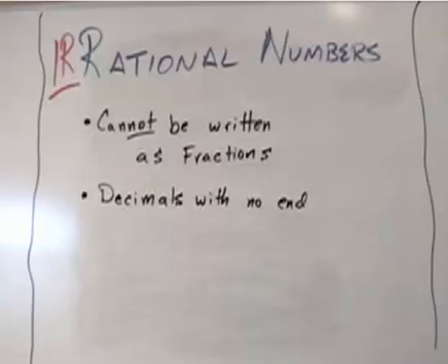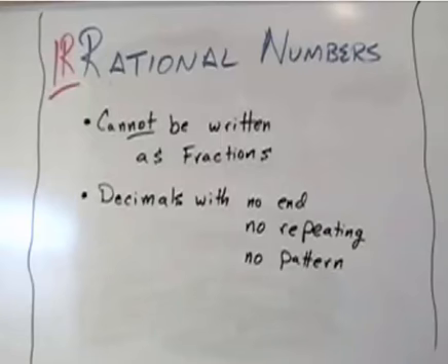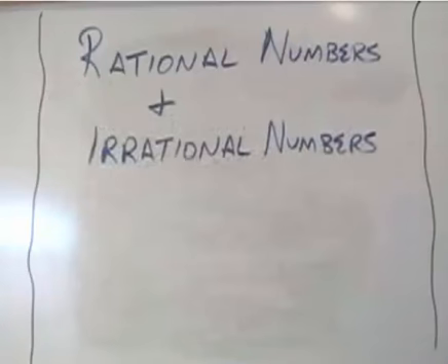Some decimals are irrational numbers. Decimals with no end, no repeating, and no pattern. Pi is an example of an irrational number, and many square roots are irrational. Hopefully now you can tell the difference between a rational number and an irrational number. You know what each of them means, and you can list a couple of examples of each.